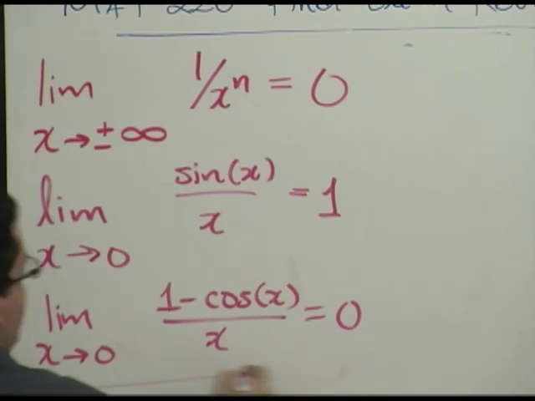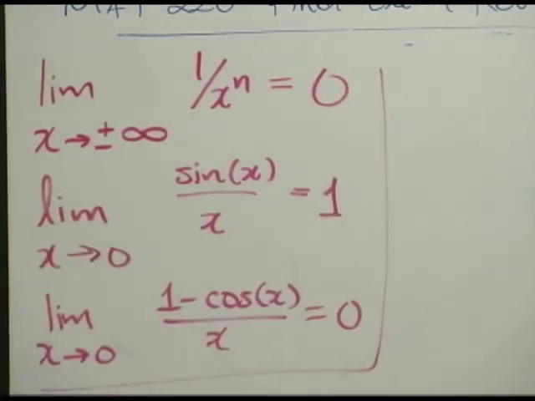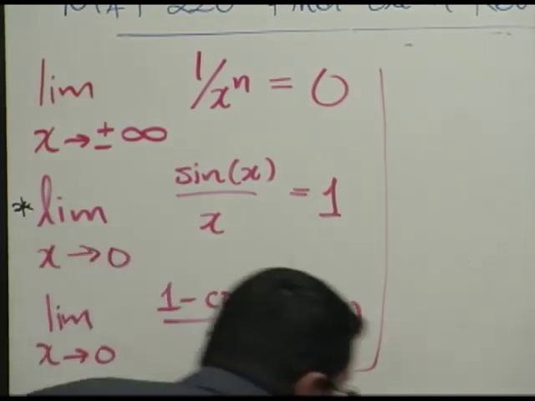Okay. These three limits are some of the ones that are worth remembering. So keep in mind those, especially the sine of x over x. That one can be very useful.